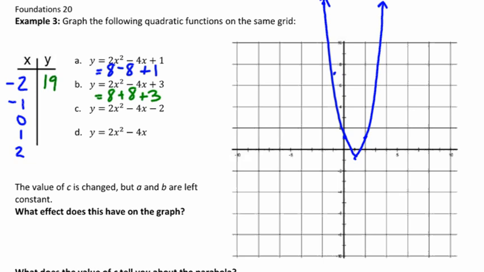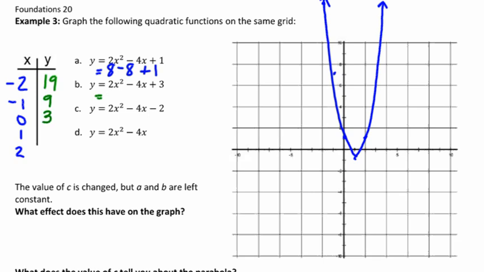Negative 1 squared is 1 times 2 is 2. Minus 4 times negative 1 is plus 4, plus 3, so 9. Zeros again. 0 minus 0, so now we're left with a 3.